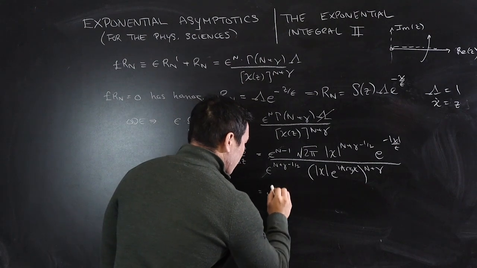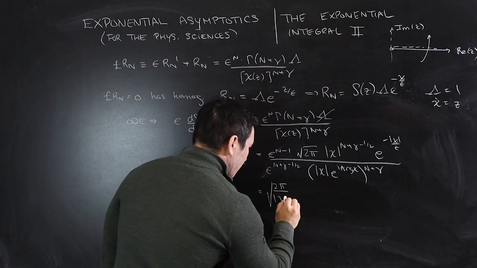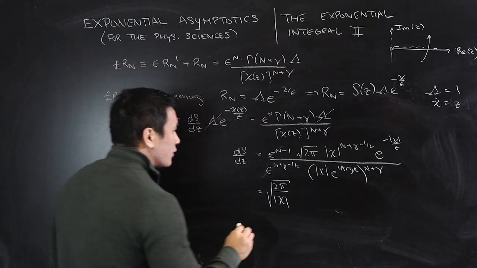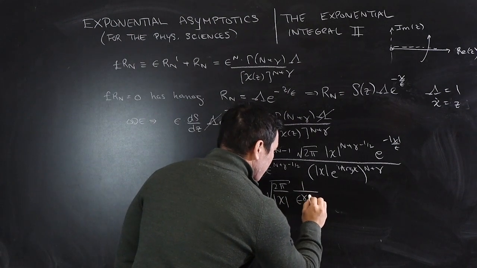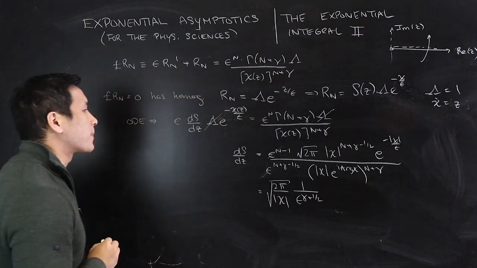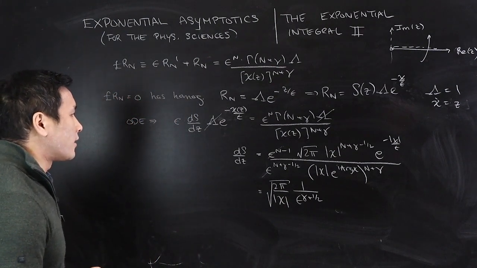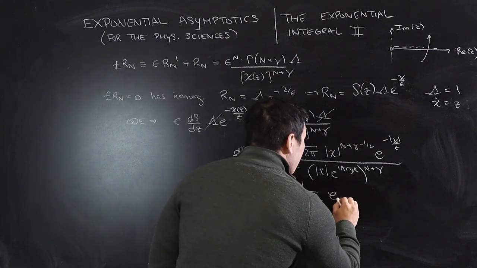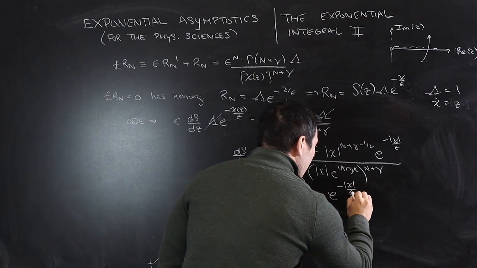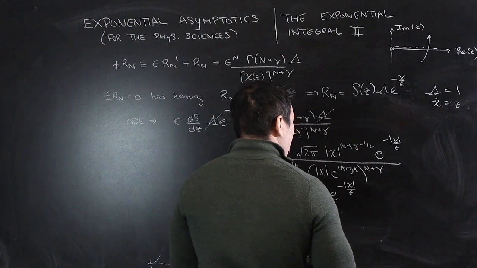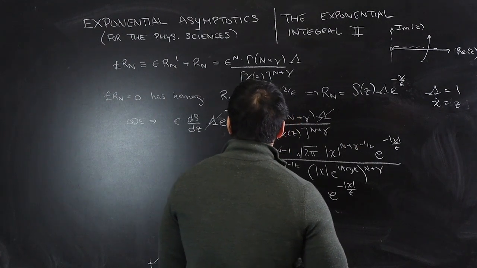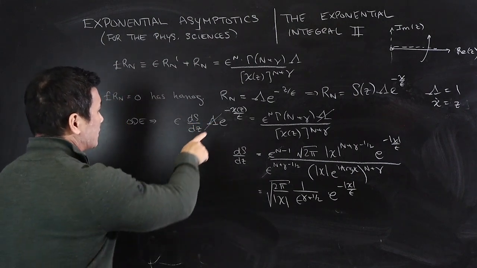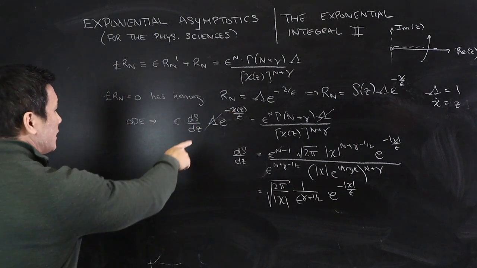I'm left with basically root 2 pi over mod x. I have a 1 over epsilon to the gamma plus 1/2 factor on the bottom there. And then I have a e to the minus chi over epsilon, and I also have an e to the chi over epsilon.